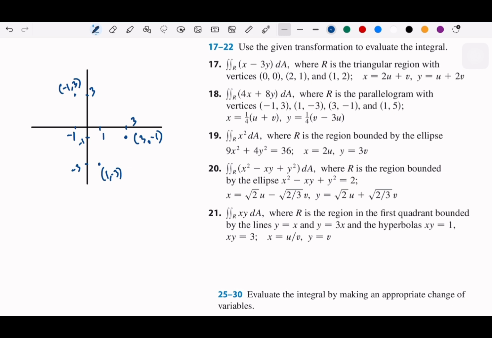And then 1, 5 is maybe around here. So we have that.